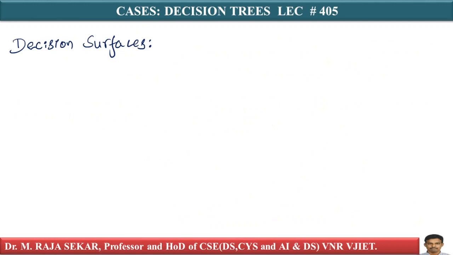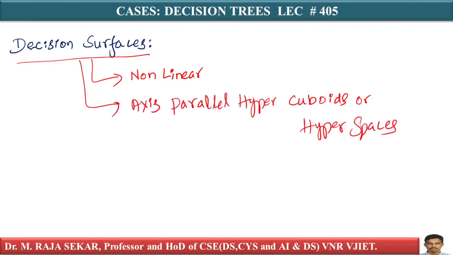The next thing is about decision surfaces. What is the decision surface that you will get in a decision tree? The decision surface you will get is non-linear, and the decision surfaces you will get are axis-parallel hypercuboids or hyperspaces.